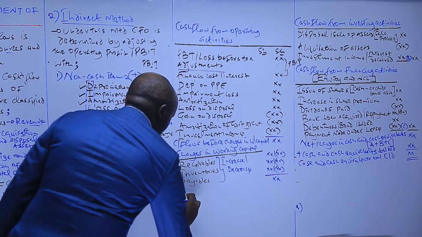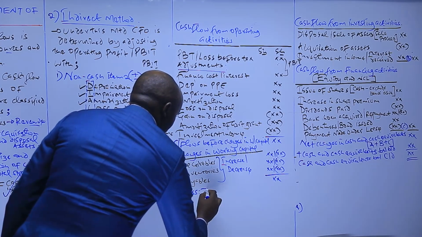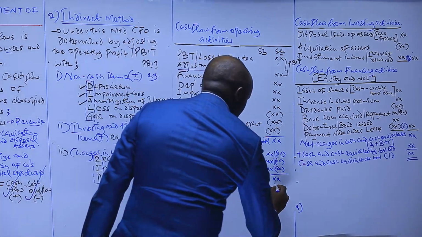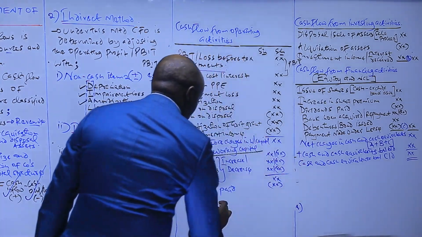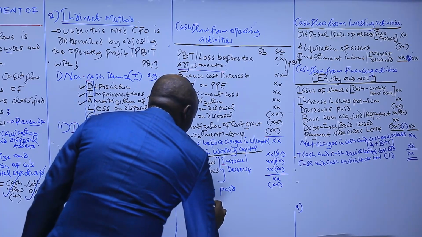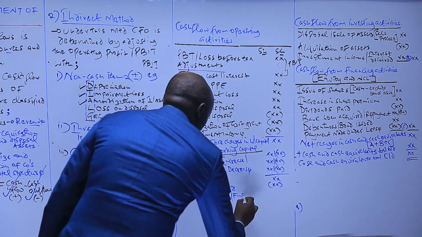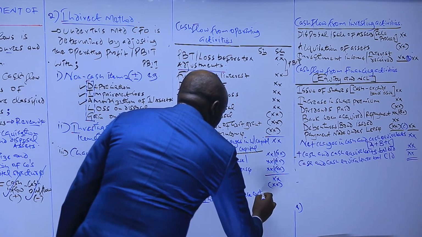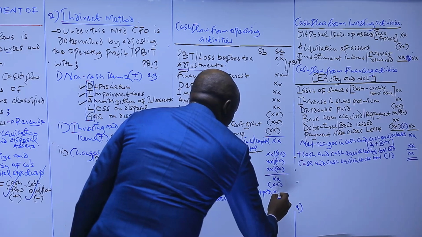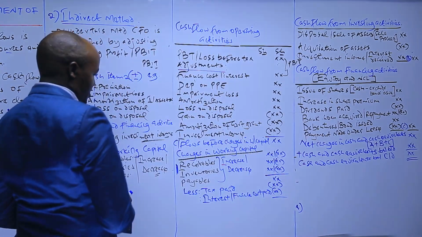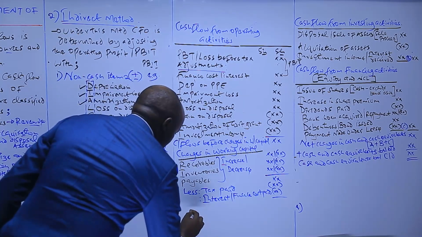And then finally, we deduct the tax paid, and also the interest on the finance cost which was paid. And then what you get here is the CFO.